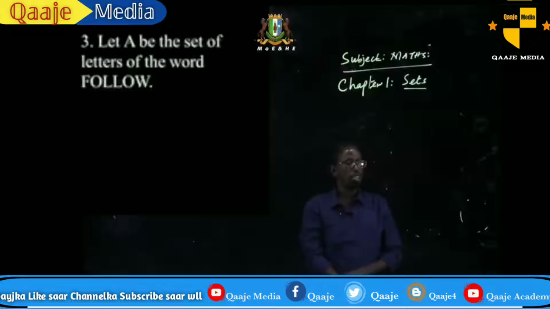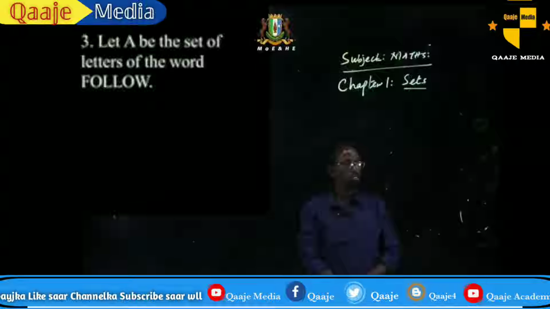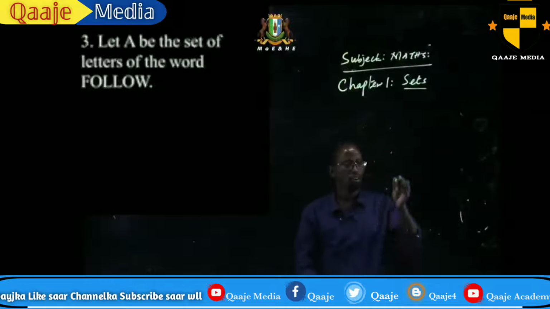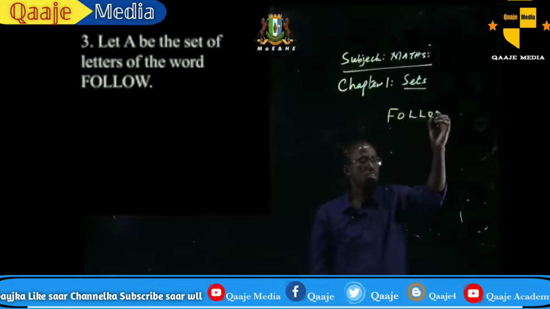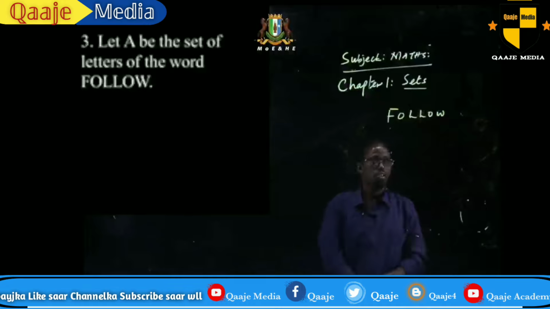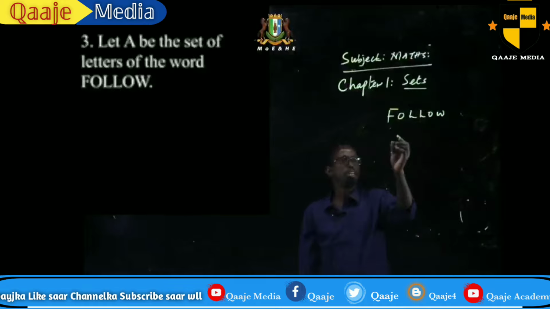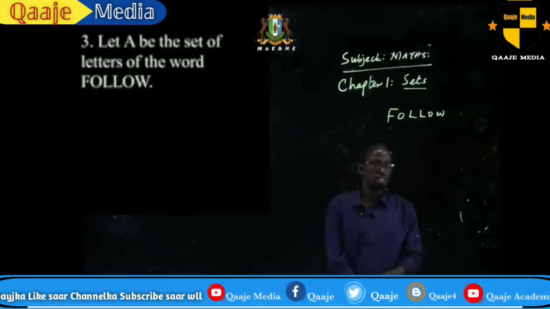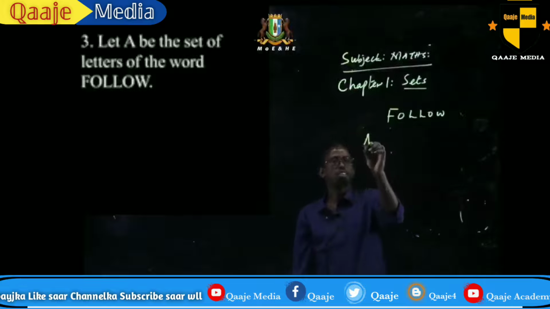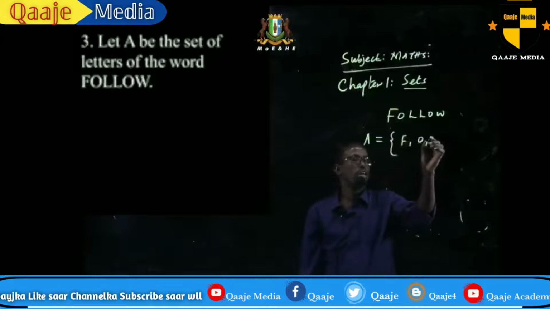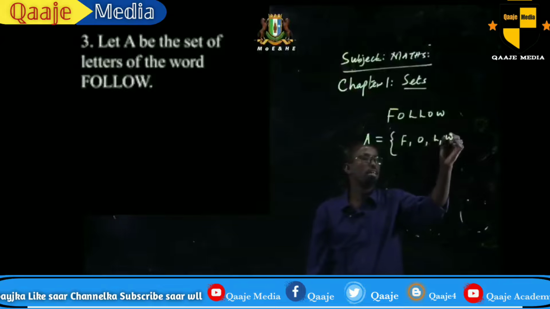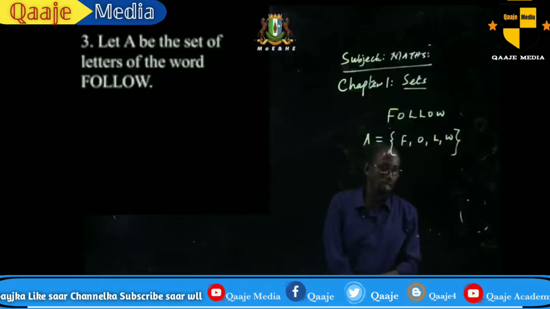Example 3: let A be the set of the letters of the word follow. There are several letters that are repeated. So the set becomes F, O, L, and W. These are the 4 elements.